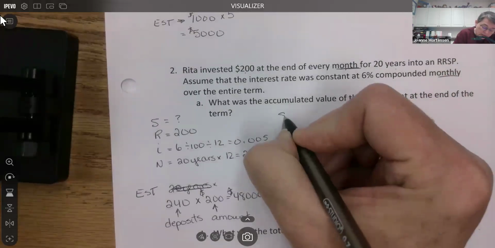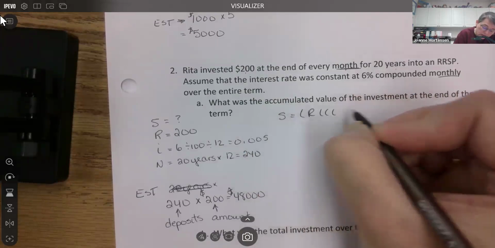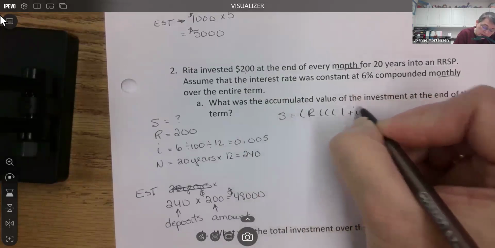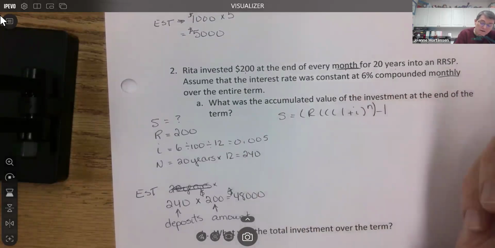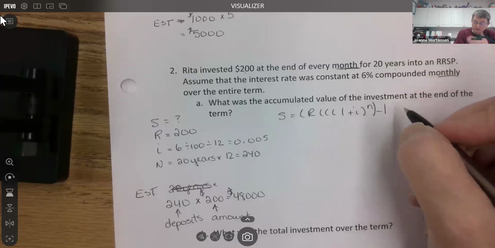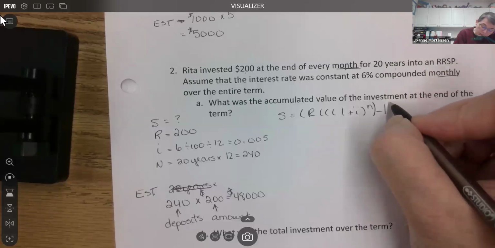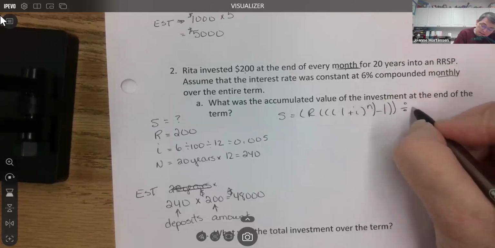Okay, so S is equal to bracket R, 1, 2, 3, 1 plus I, N, bracket, minus 1, bracket, divide by my interest.